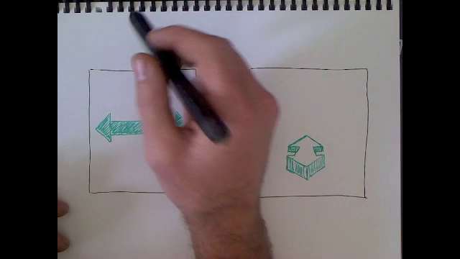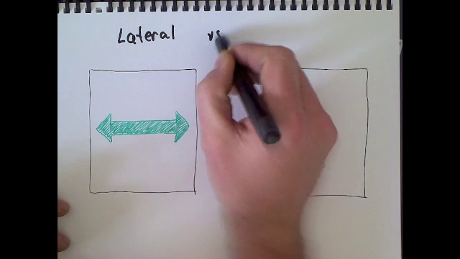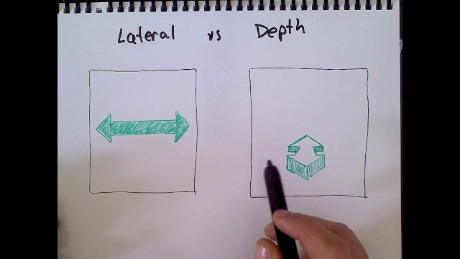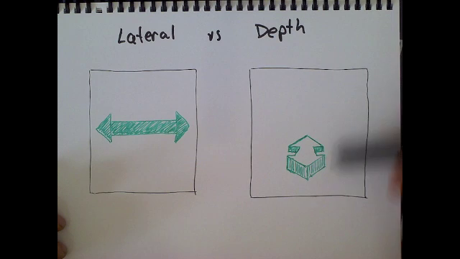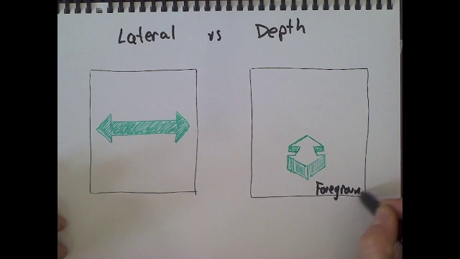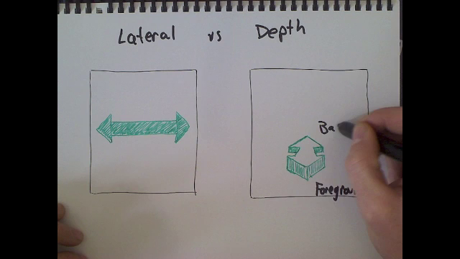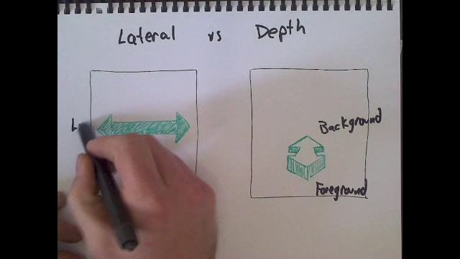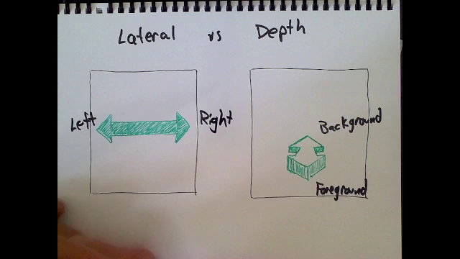Now we're going to look at the difference between lateral versus depth in terms of movement. So lateral is moving side to side. If you're moving in the depth of the screen, you're moving from the foreground into the background, or vice versa, whereas here you're moving from the left to the right, or from the right to the left, vice versa.